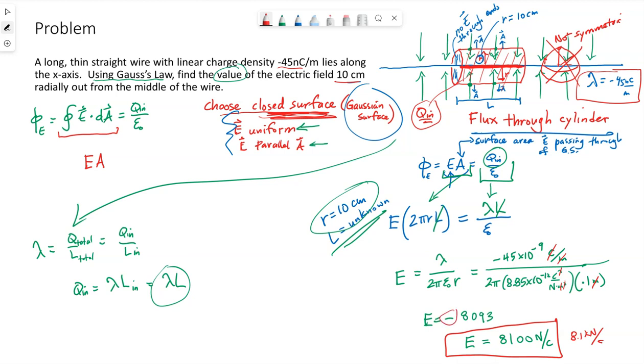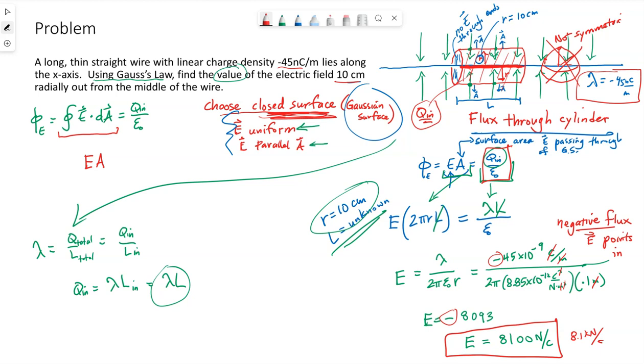Now, the negative sign. The reason I technically get a negative answer is because lambda is negative, meaning I get a negative flux when I take charge over epsilon naught. What that means is the electric field points in towards the center of the cylinder. Okay, there's no such thing as a negative electric field.